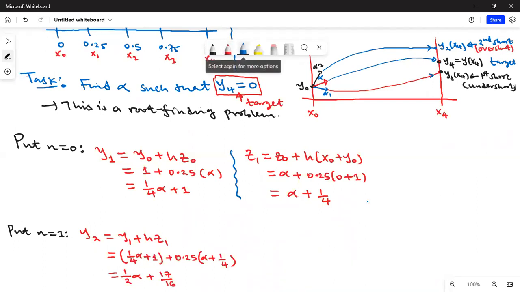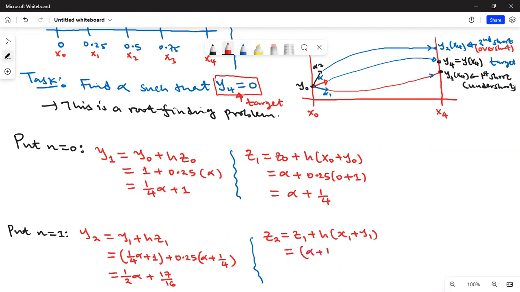Proceed to find z2. You can write here z2 is equal to z1 plus h of x1 plus y1. Our z1, we have found it as alpha plus 1 over 4.